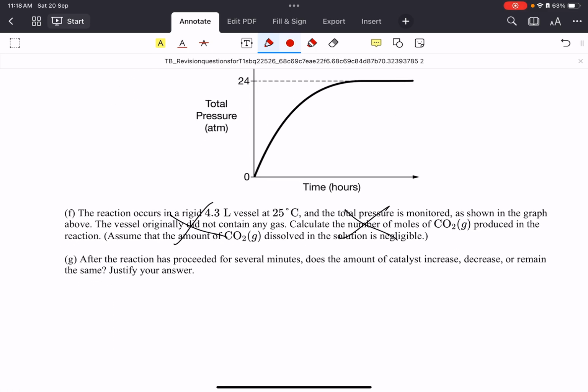After the reaction has proceeded for several minutes, does the amount of catalyst increase, decrease, or remain the same? A catalyst does not affect the amount of products obtained. A catalyst always makes the reaction faster, so the amount would remain the same. It's just that we will obtain the product faster.